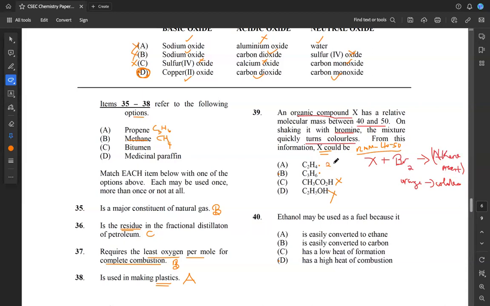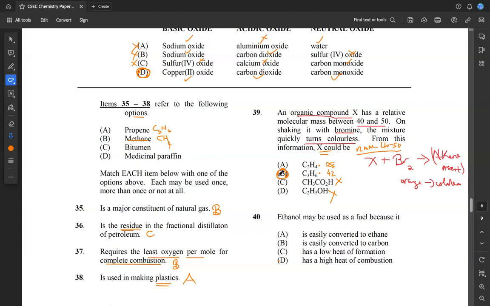So the RMM is going to be 28 for this one. Whereas for this one, it's going to be 36 plus 6, so that's 42. So our answer is going to be B. We've met all our criteria of it being an alkene because it decolorized bromine, and also that it had an RMM between 40 and 50. So that's B, okay? So our answer for 39 is B.